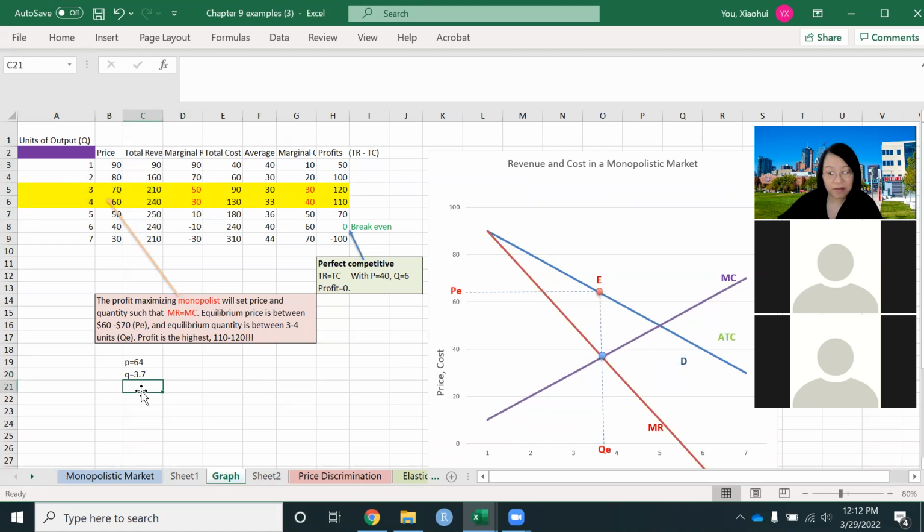And then profit, we're not exactly sure about the profit, but it should be around 0 to 1 to 120. So this is the profit, using this sign, about this amount. So that's for the monopolistic.